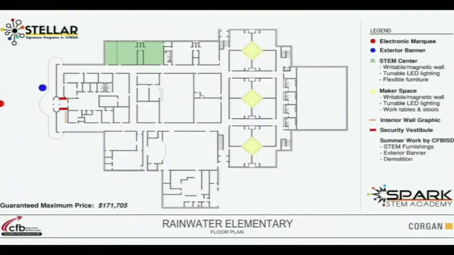This would be Rainwater. We're grabbing those collaborative spaces in those classroom clusters for that, which is really exciting because all 4 classrooms can directly use that space. Again, this is one of those campuses that did not have a safety and security vestibule. You see that marked in red also.